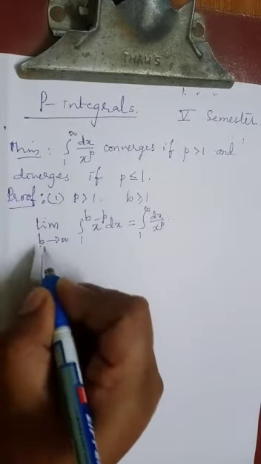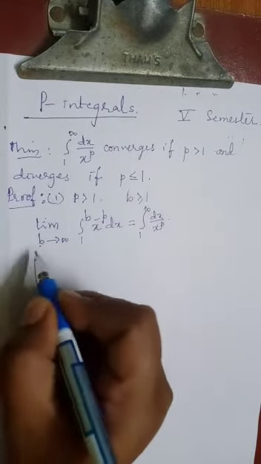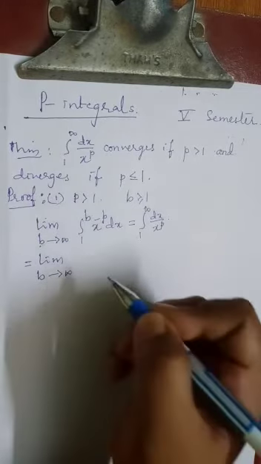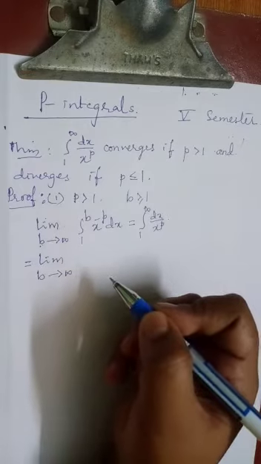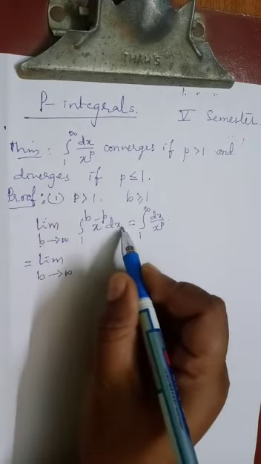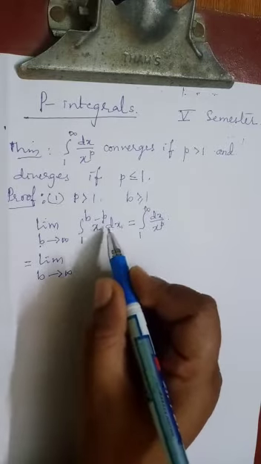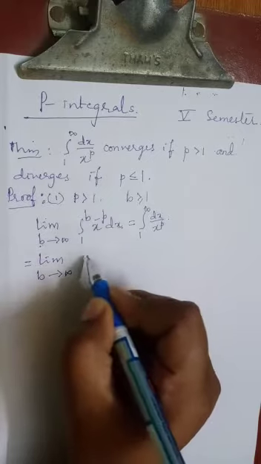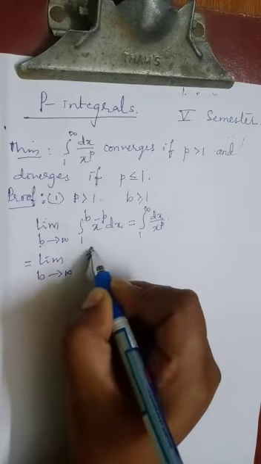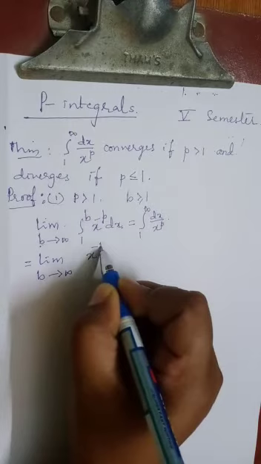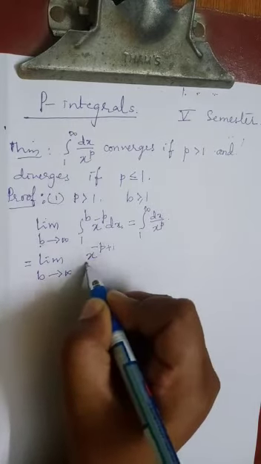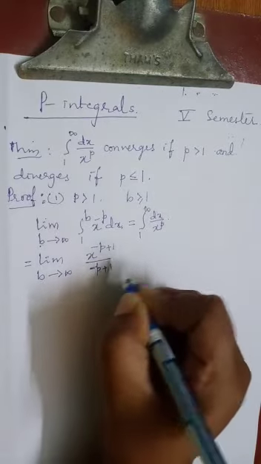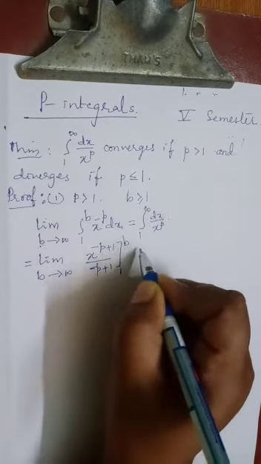This limit is equal to the limit of the integral of x raised to minus p with respect to x, we know that formula. So according to that, x raised to minus p plus 1 divided by minus p plus 1, limits from 1 to b.